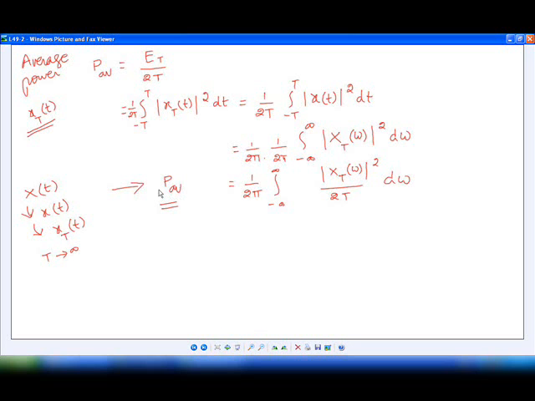So that's why we are letting this P average be a random variable. Now if you find the expectation of this particular P average, that indicates the mean value of the random process X of t, or the mean value of all the sample functions over the interval minus T to plus T. Understood this?